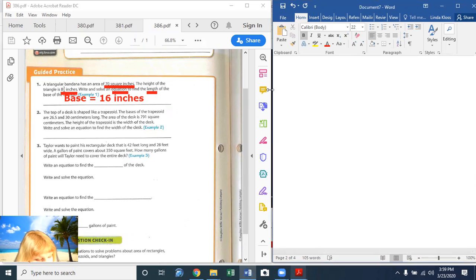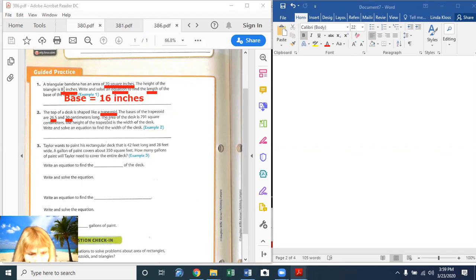Let's look at number 2. The top of a desk, remember we're going to underline what we need to, is shaped like a trapezoid. Okay, that's going to be important, trapezoid. The bases of the trapezoid are 26.5 and 30 centimeters long.